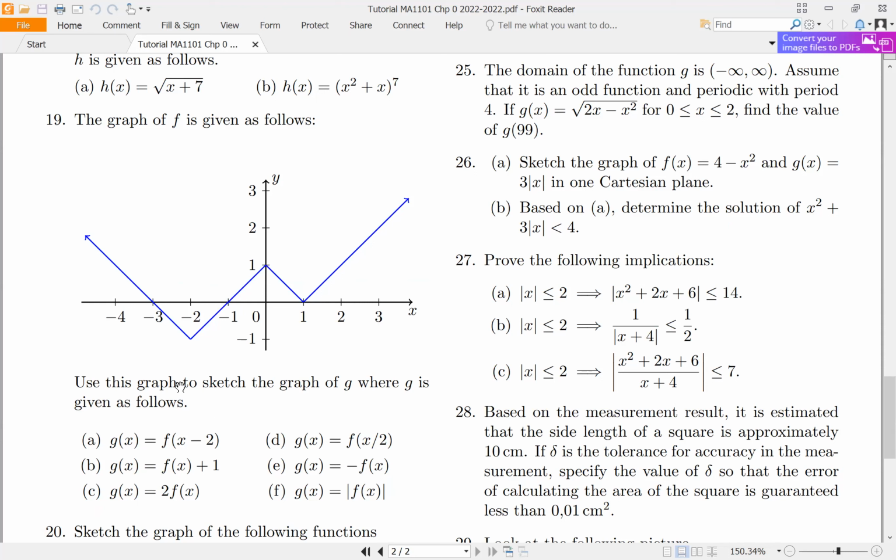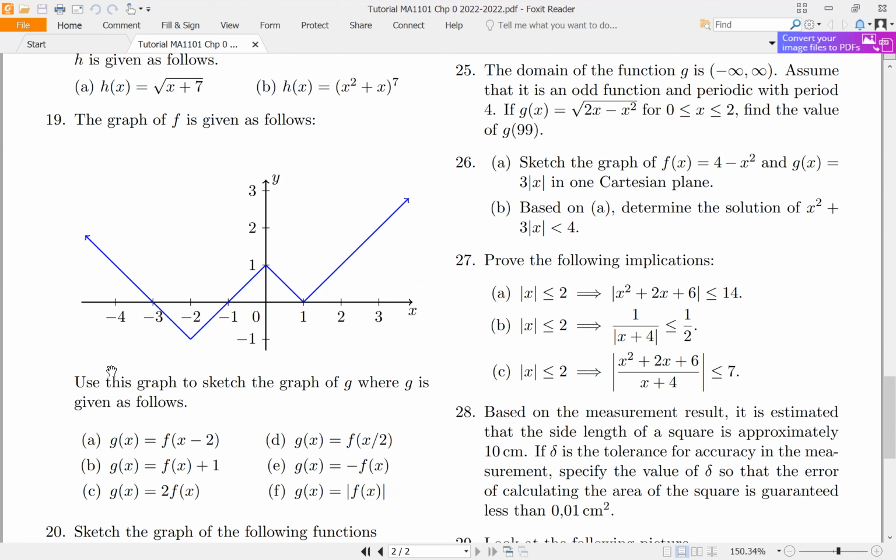Of course, there is a variation to this problem, namely, let's say the domain of f is restricted to -4 until 3 here, then you should solve the equation: x minus 2 is in between -4 and 3.